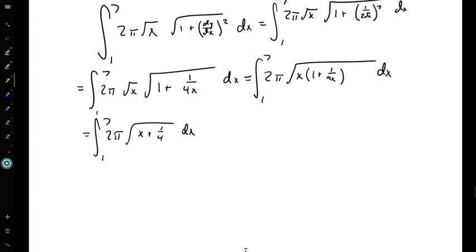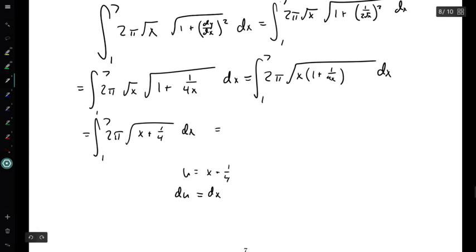So this looks better because this is the square root of some linear function of x. And linear functions of x are pretty nice because that means we can do a fairly straightforward u substitution with them, namely if u is x plus 1 over 4, then du isn't going to have anything associated with it other than maybe a constant times dx. In this case, it just is dx.